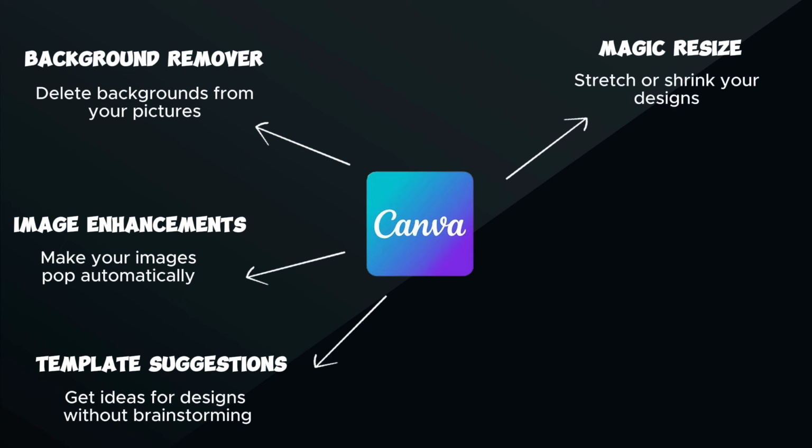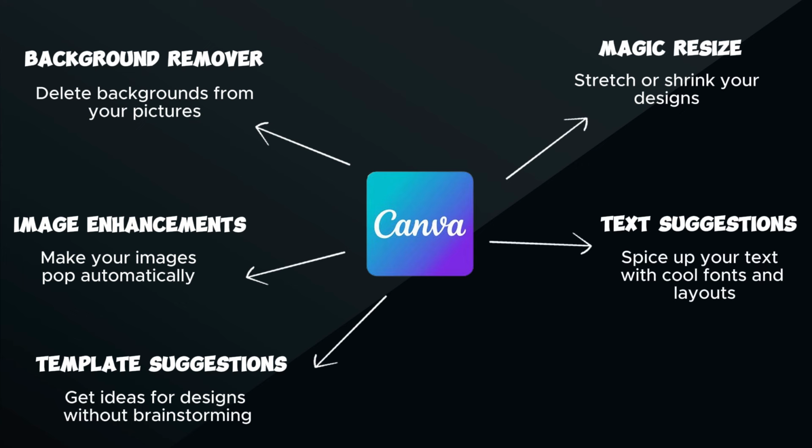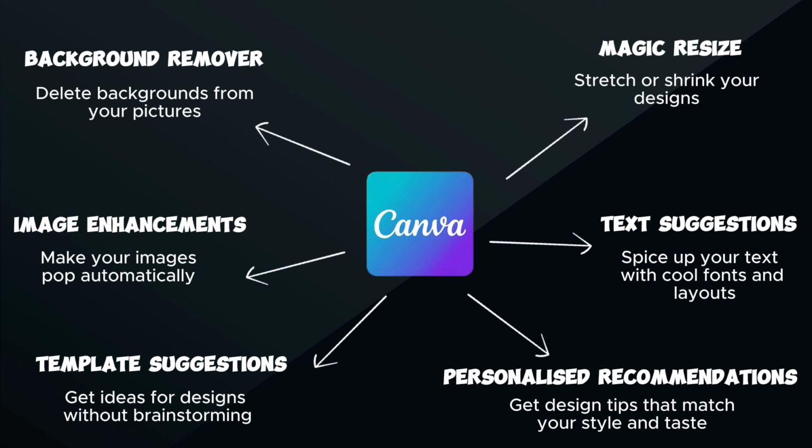Magic Resize, really good for adjusting the size, stretching or shrinking your designs without any hassle or stress. Text suggestions, to make your font or your text look really cool with different layouts. And personalized recommendations, so you get design tips to match your style and taste. Which is really handy. So those are all controlled through AI.